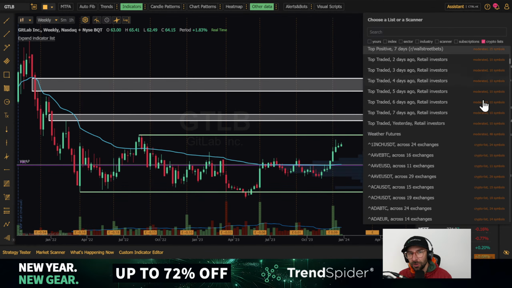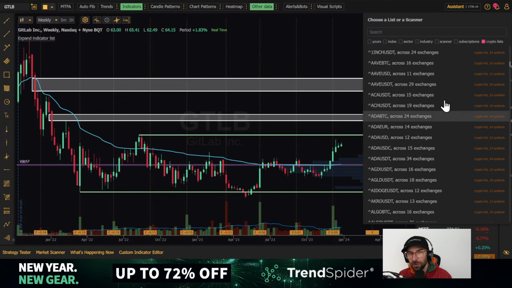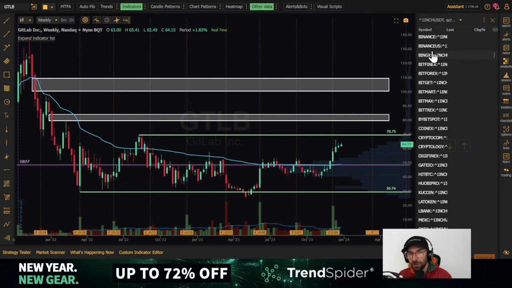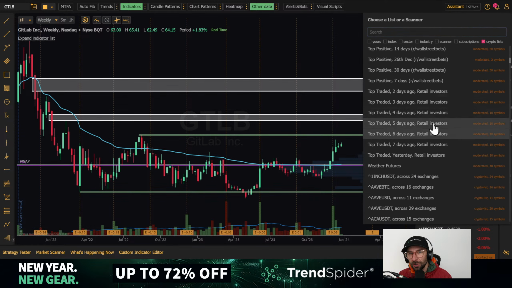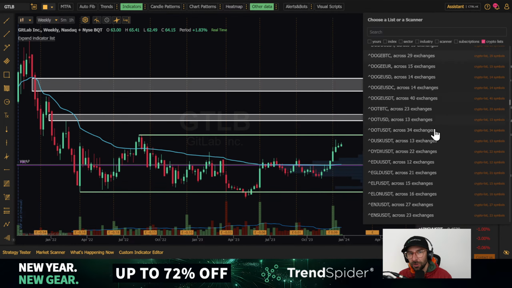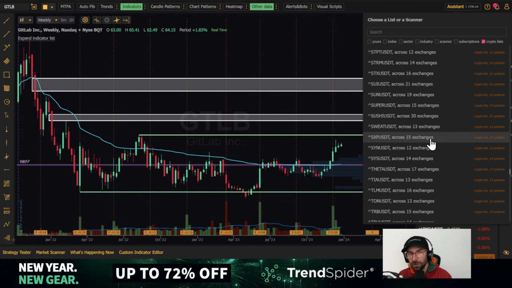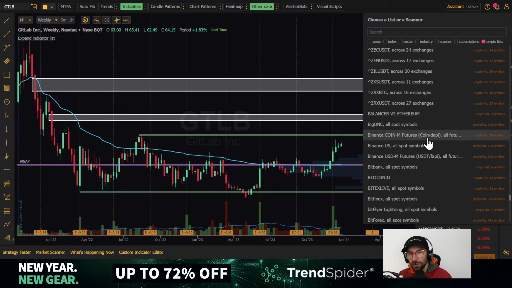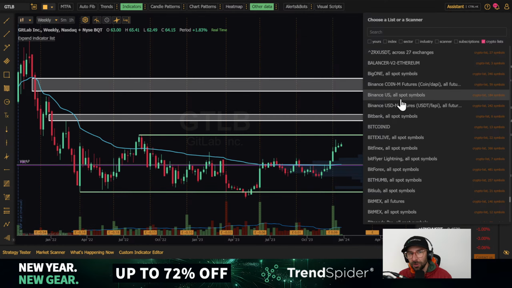Here's where your crypto lists start. It starts as just the tickers across, the same ticker across multiple exchanges. And then if you scroll down and get past all of the individual names, you're going to get to the exchanges. Binance US, all spot symbols.